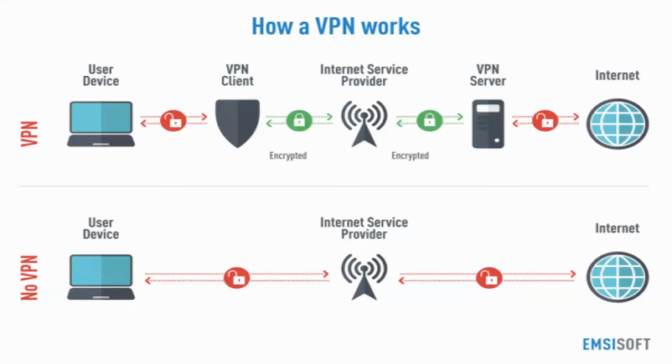For example, if you search about a Redmi mobile, it first goes to the internet service provider and then to the internet. If you use a VPN, a third party cannot see what you are searching. If you don't use a VPN, it is open to everyone.